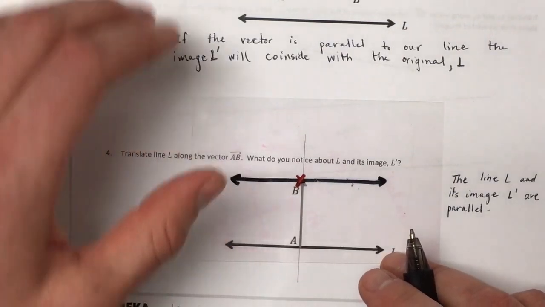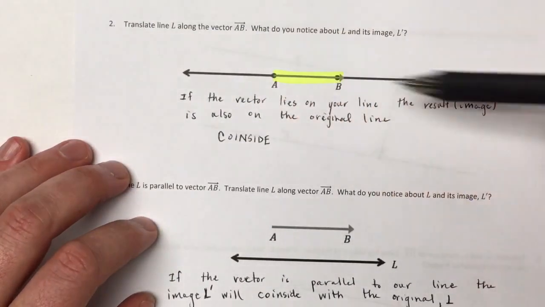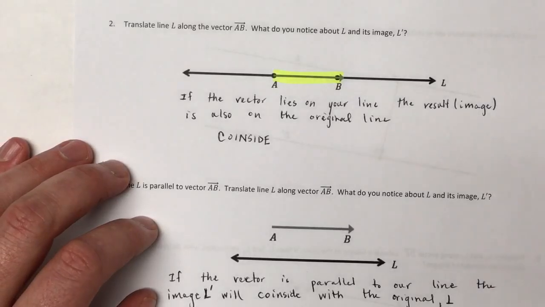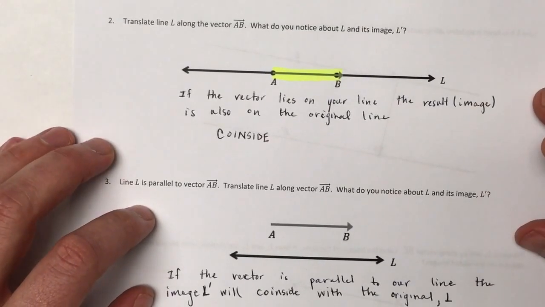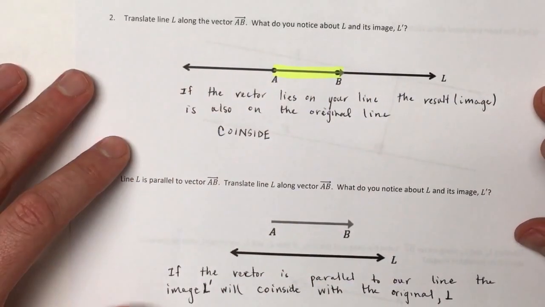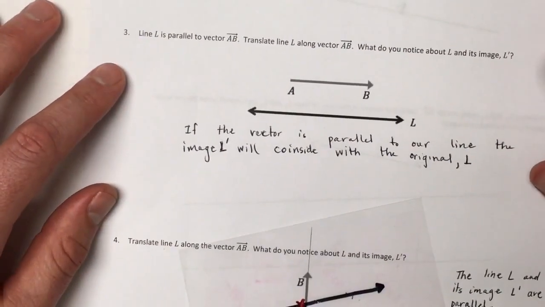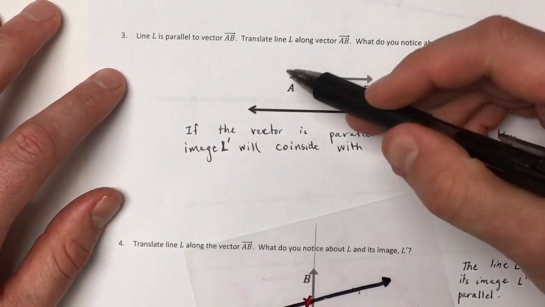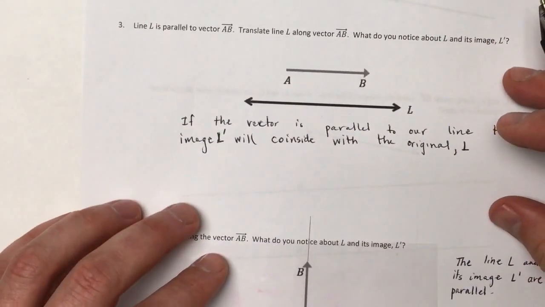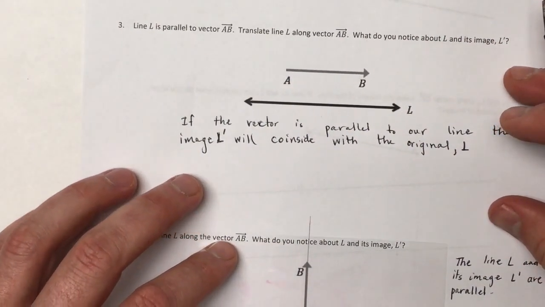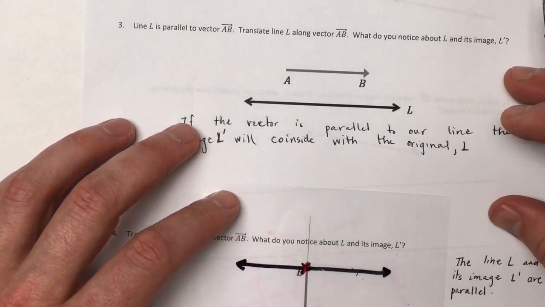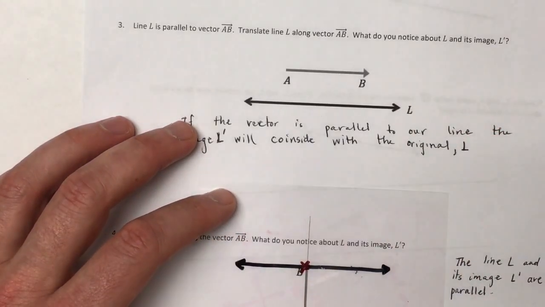So the results so far that we've gotten, if I slide a line on top of a line, it retains itself, and the points will coincide, the lines will coincide. If the vector is parallel to the line, the results coincide. If I take and I have a line translated from being a line, the lines remain parallel.